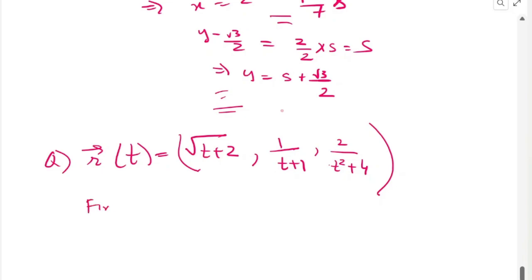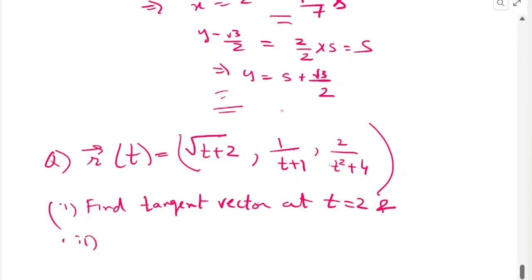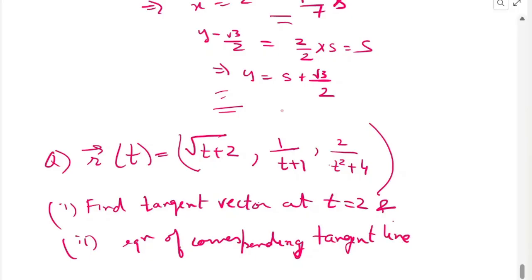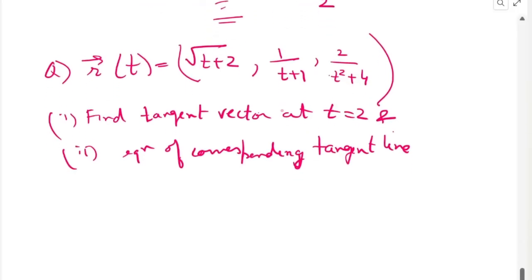We find the tangent vector at t equals 2, and this is first. Second, find the equation of the corresponding tangent line. So you can easily find it out.